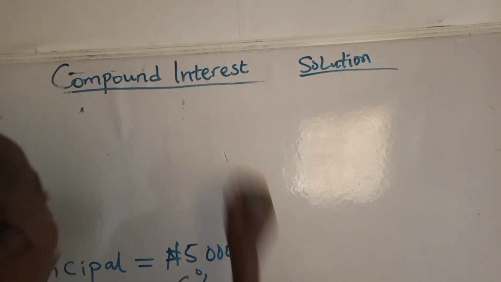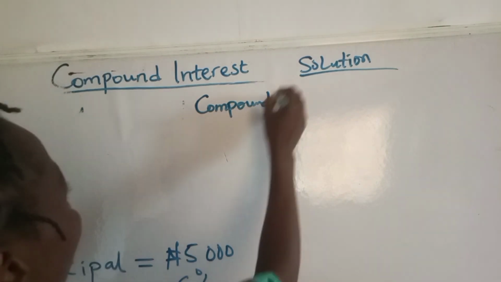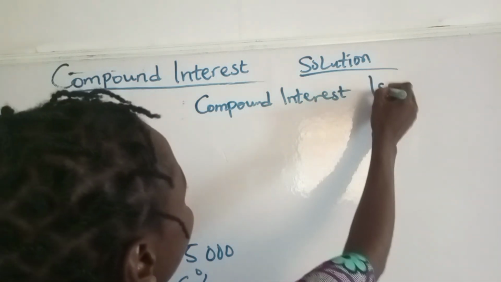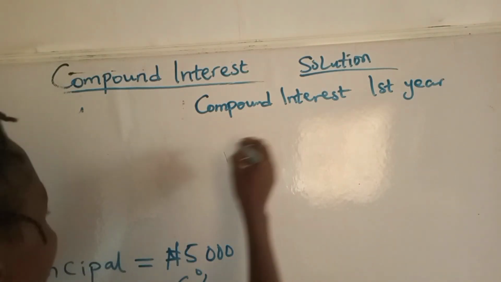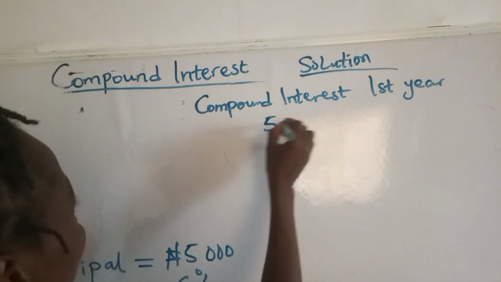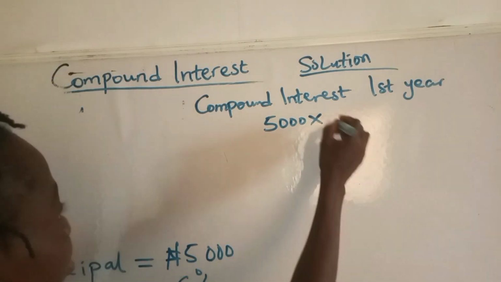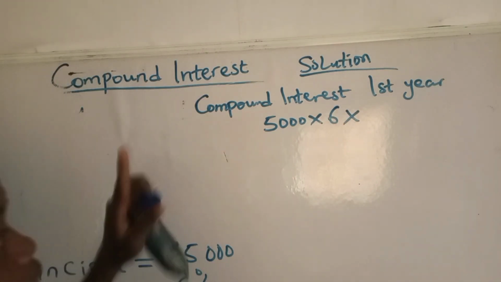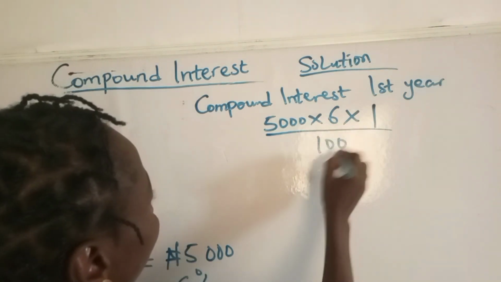So for the first year, compound interest, first year, will be the principal, which is 5,000, times rate, which is 6%, times time. We are looking for the first year, 1, all over 100.